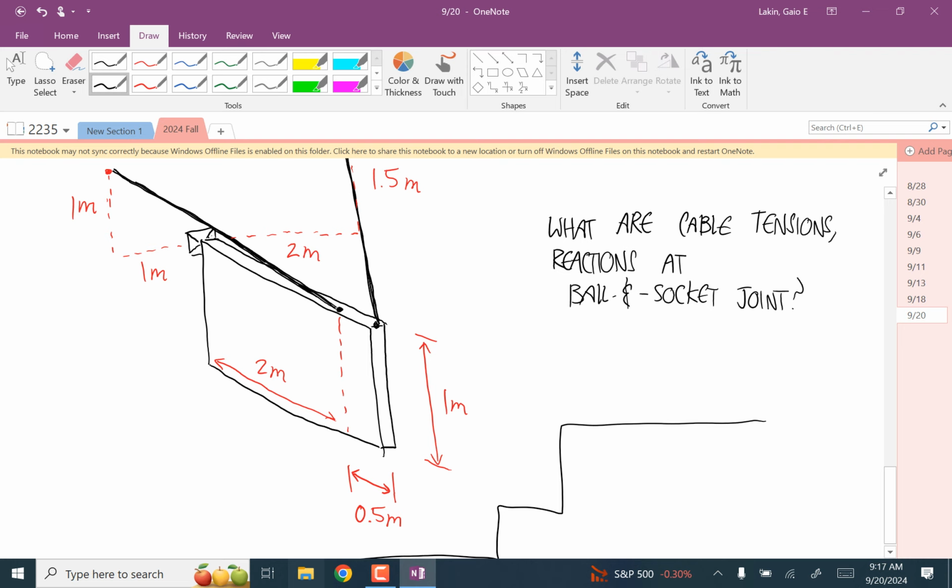But think about it for a second too, think about the motions that are eliminated by a ball and socket joint. Okay, so if that ball and socket can't come apart, and that's what we're always going to assume, can this body translate away from the wall? No. Can it translate up or down, side to side? Okay, so we know there's a full vector of forces.